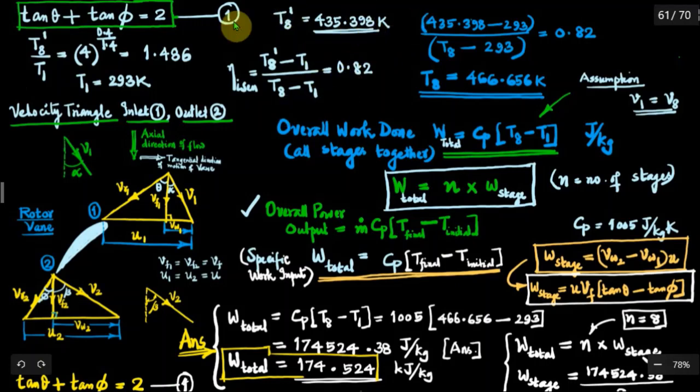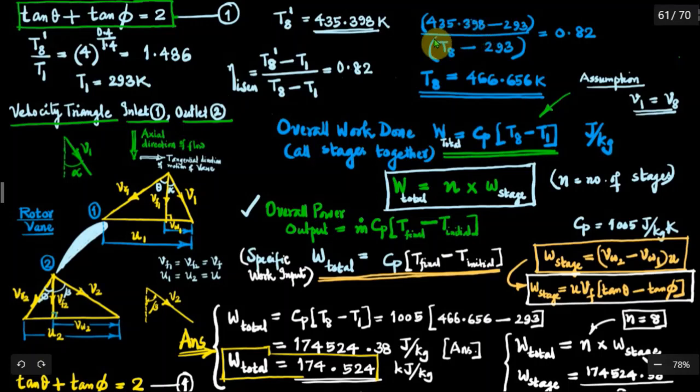So now we will come to the isentropic efficiency expression that we discussed earlier. Isentropic efficiency is equal to T8 dash minus T1 divided by T8 minus T1, and that is equal to 0.82. Substitute the temperatures we just obtained. The temperature at the end of isentropic compression is 435.398.